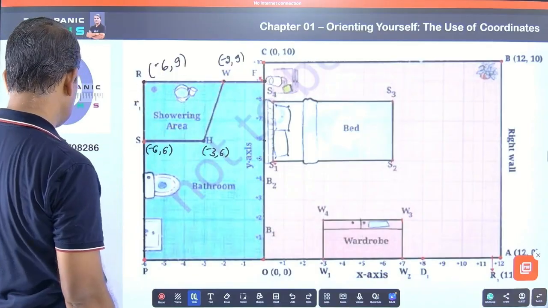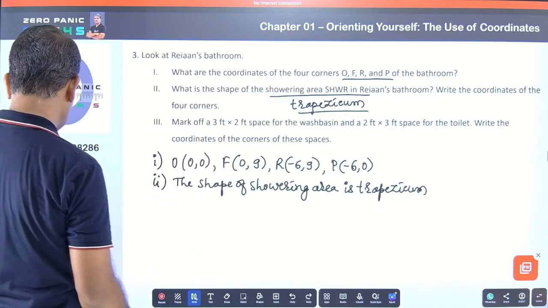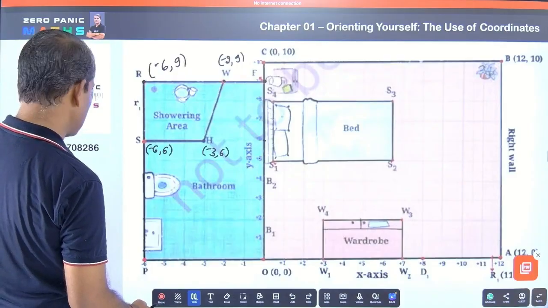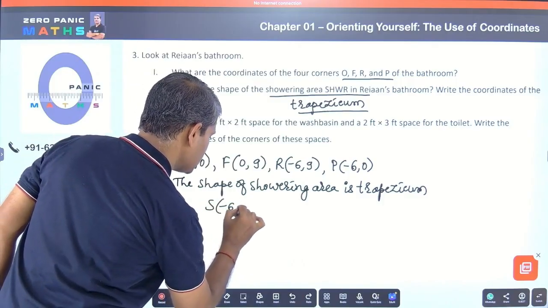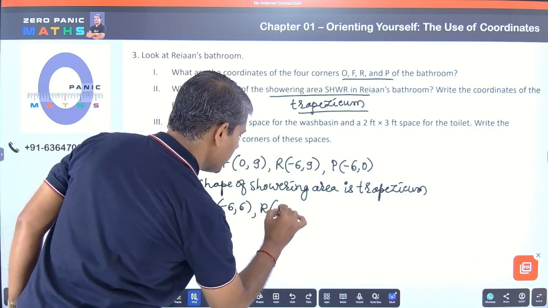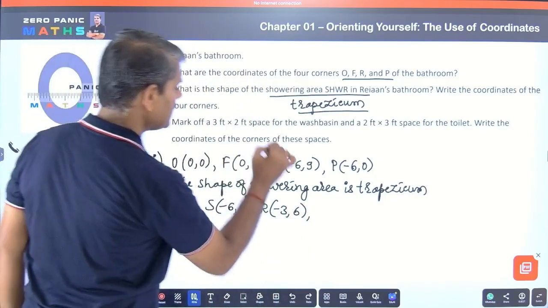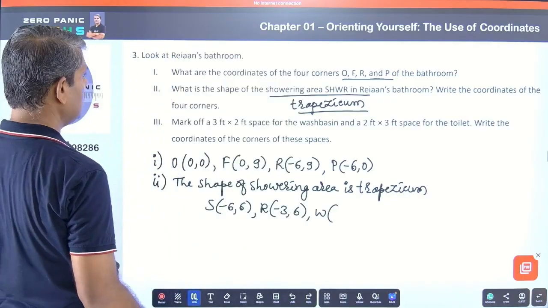SHWR. Correct? Now the coordinates, as we have already marked here: S is -6, 6. H is -3, 6. Next is W. What is W?